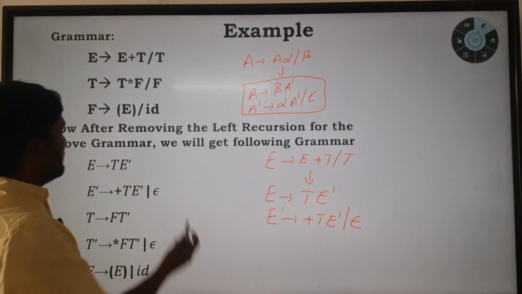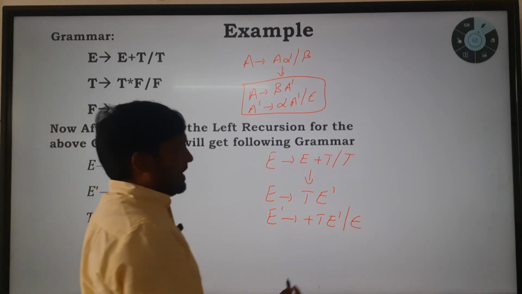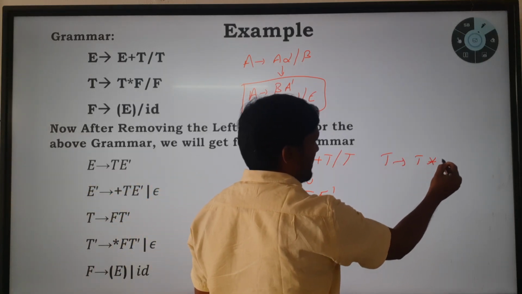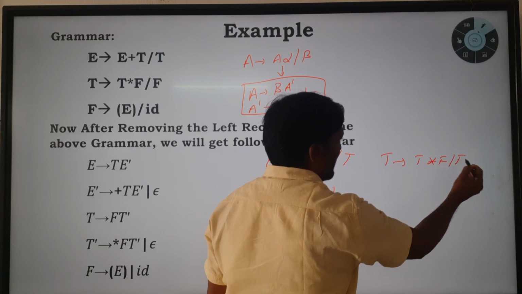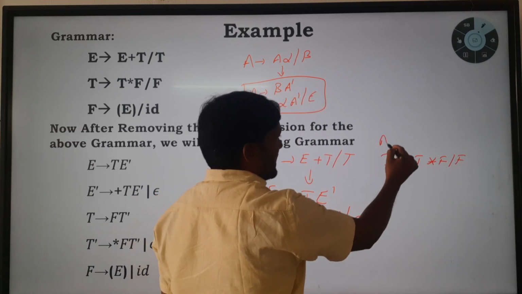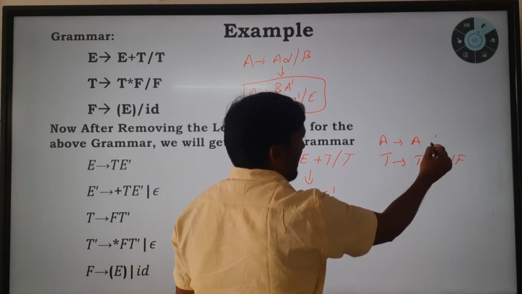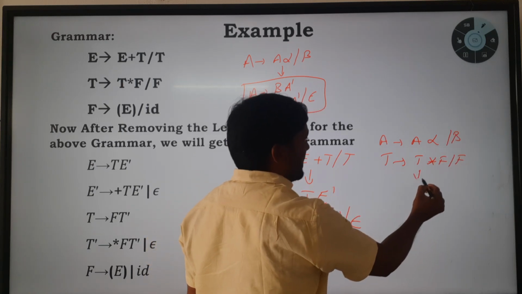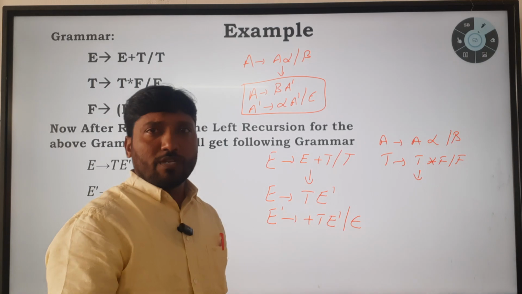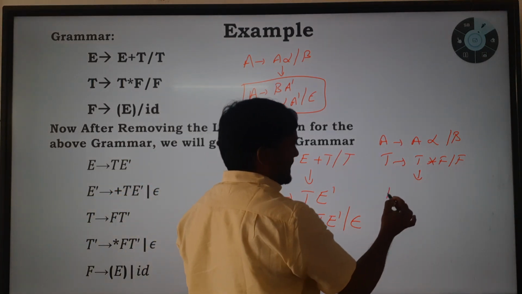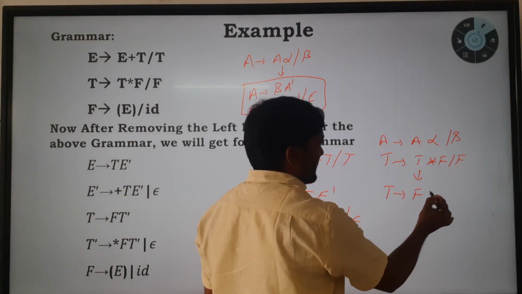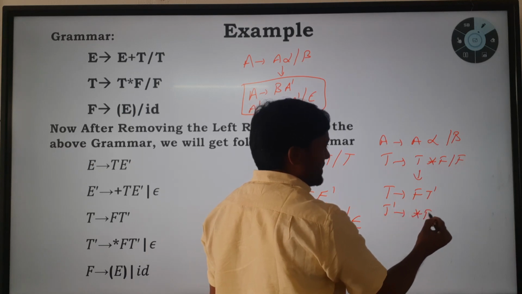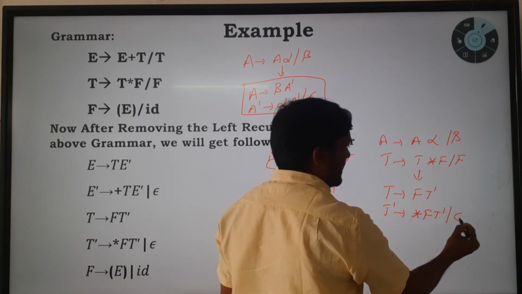Similarly, one more production has left recursion, that is T derives T star F or F. It is also in the form A derives A alpha or beta, so to eliminate the left recursion we rewrite the rule: T derives F T dash, T dash derives star F T dash or epsilon.